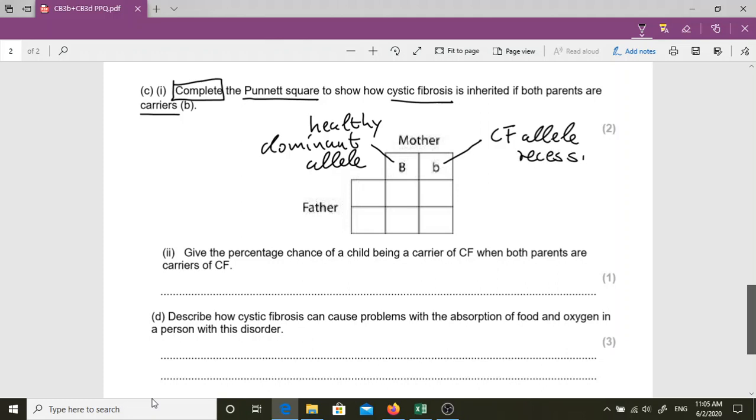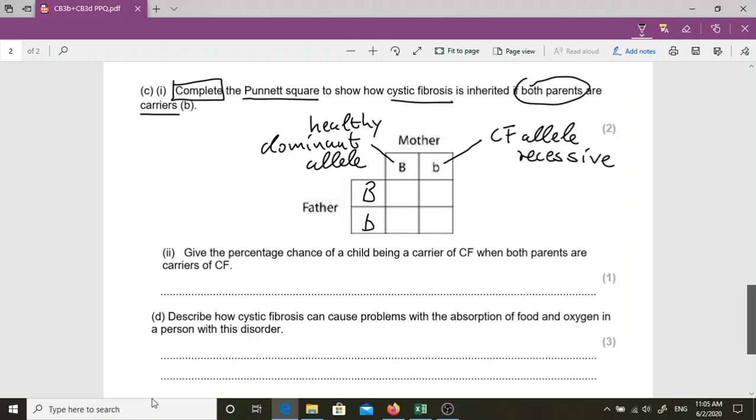So this is what the genotype looks like if we have a carrier. Because it says both parents are carriers, that means the father has the same. He also has one healthy dominant allele, and he has one recessive cystic fibrosis allele.